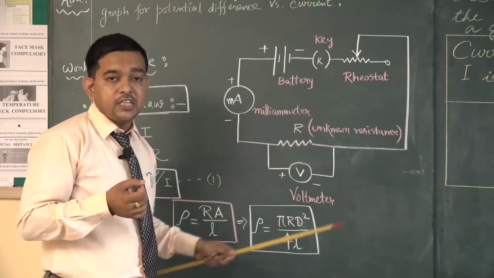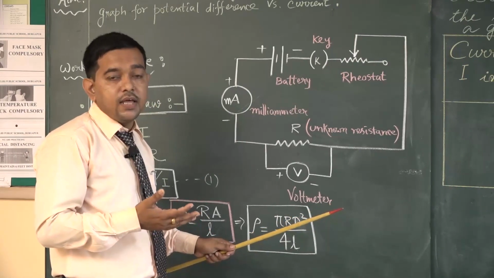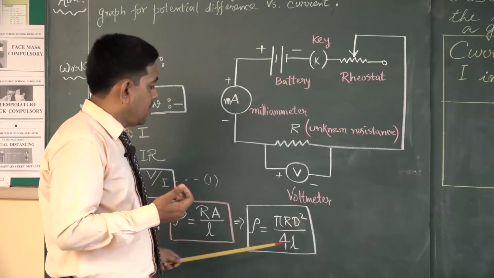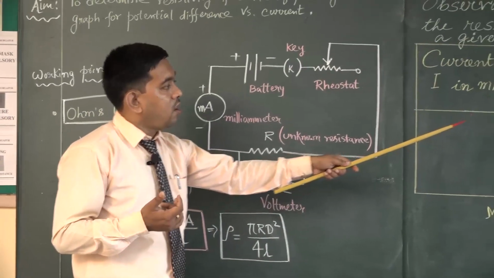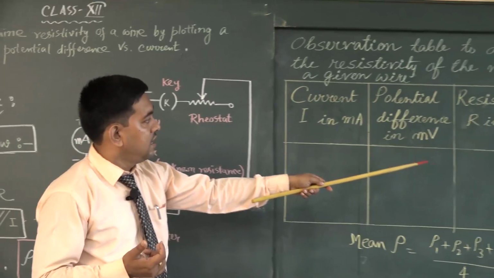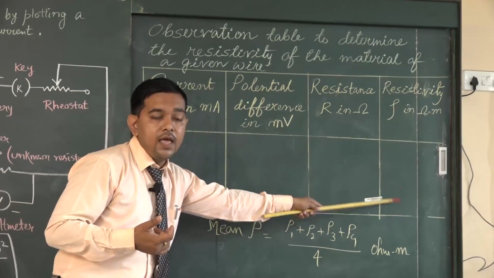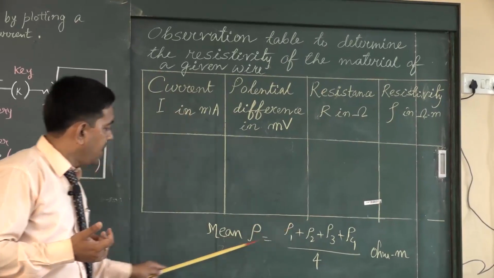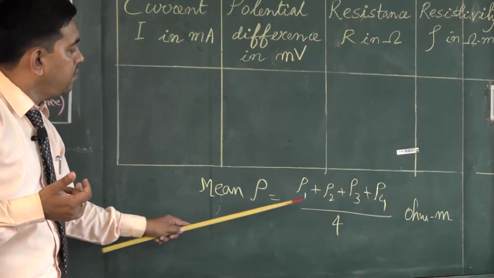We can repeat the same experiment with another wire of different length, just to see whether Ohm's law is verified or not. This way rho can be calculated for different readings, in the last column. Finally we find the mean rho, the average of all 4 values.